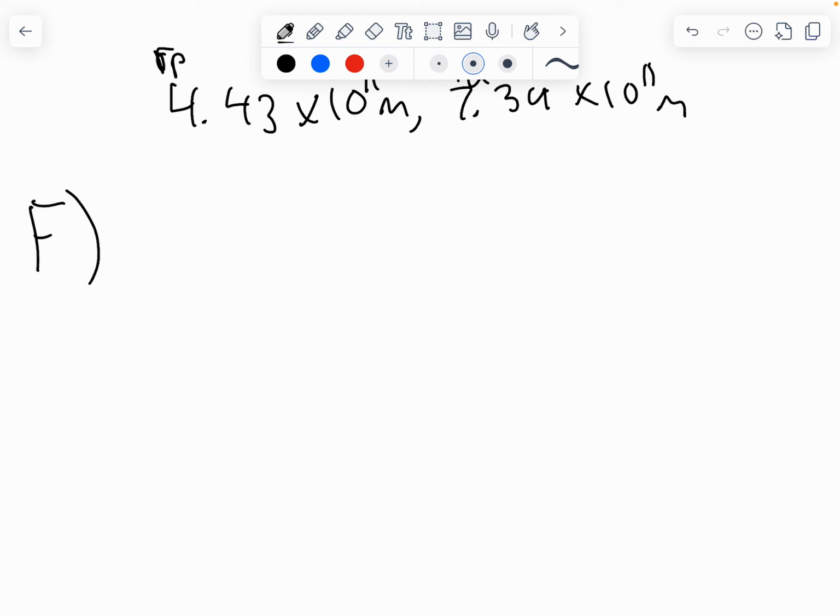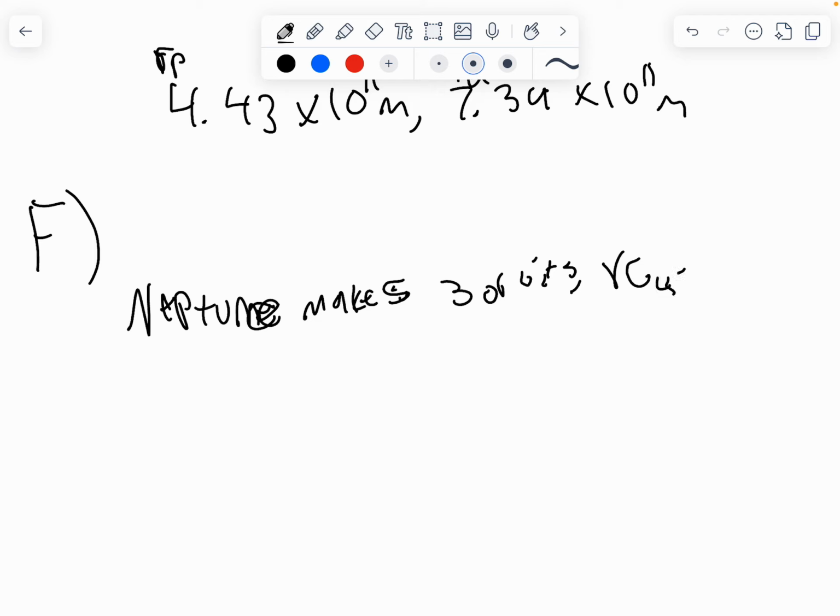Okay, we know that Neptune makes 3 orbits, and that VG44 makes 2.